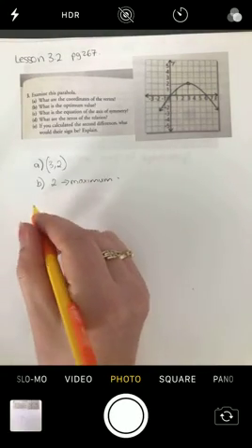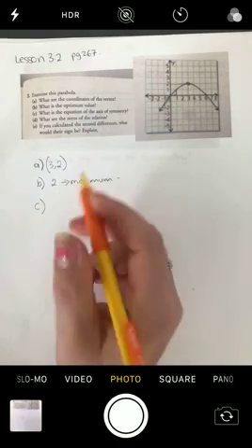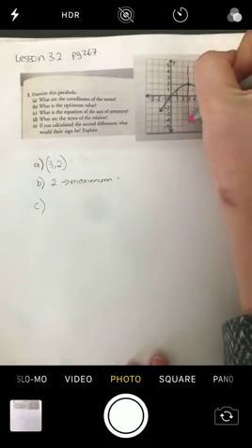All right, so C says, what is the equation of the axis of symmetry? Now, we have to remember that the axis of symmetry is what cuts our parabola straight in half, so it's symmetrical on either side. Our axis of symmetry always goes through our vertex. If I drew it in here, it would be a bit of a wonky line, but you get the point.